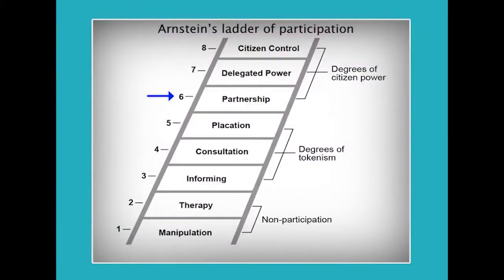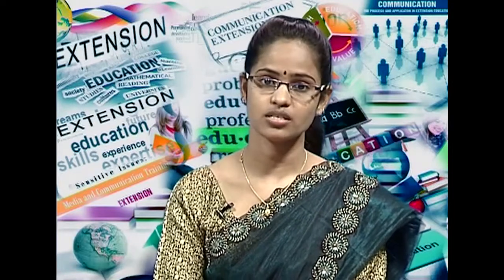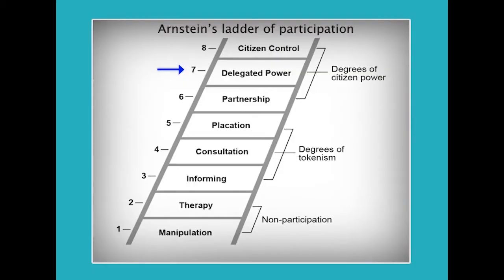Number 6, partnership. Power is in fact redistributed through negotiation between citizens and power holders. Planning and decision-making responsibilities are shared, for example, through joint committees. Number 7, delegated power. Citizens holding a clear majority of seats on committees with delegated power to make decisions.